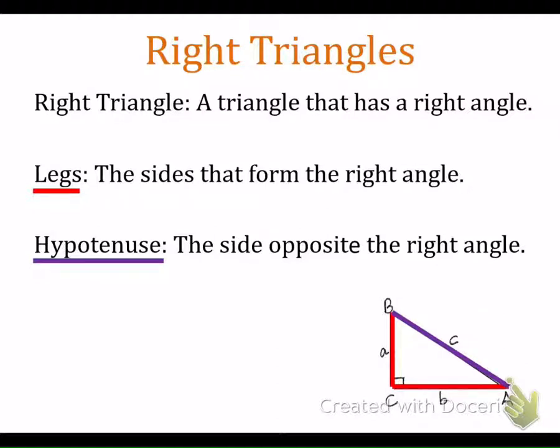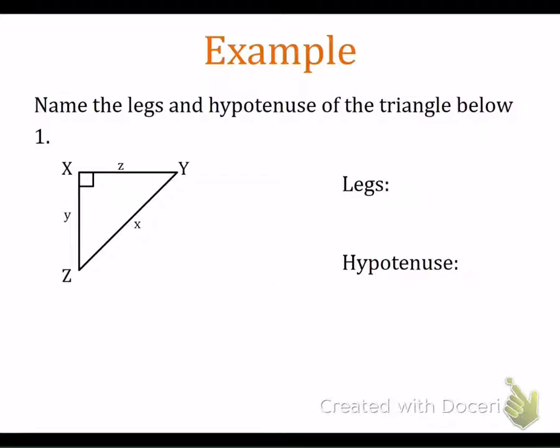You have to be able to distinguish if it's a leg or hypotenuse, or you'll set up the whole thing wrong. So we got to make sure that we're using the smaller two as the legs. We call those the A and the B. And then the C is always the hypotenuse. That's our longest side. So for number 1, we are just practicing labeling these. So which two sides are the legs? Y and Z. Good.